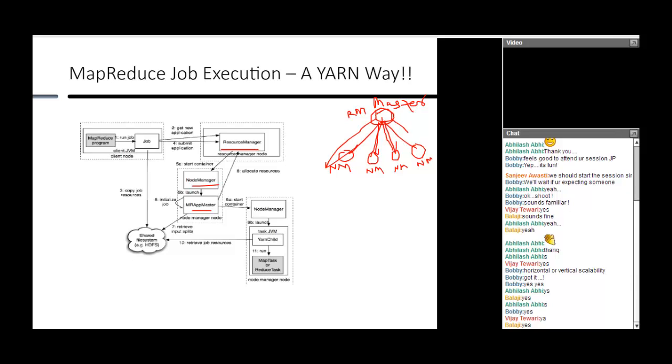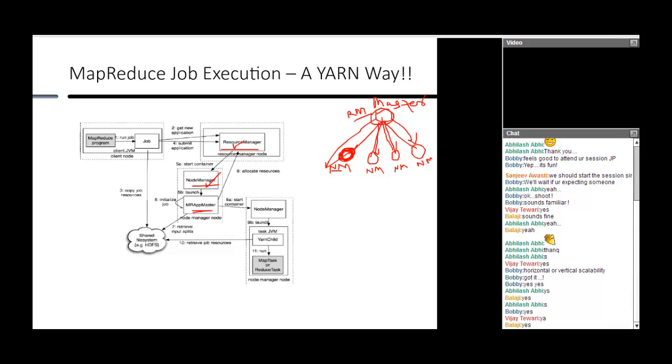Once the global resources are allocated, the node managers manage these resources locally for that particular data node. So you can say the resource manager is a global resource manager, and the node manager is a local resource manager which just manages the resources in that particular machine. Okay, so these are the functionalities of these two processes.